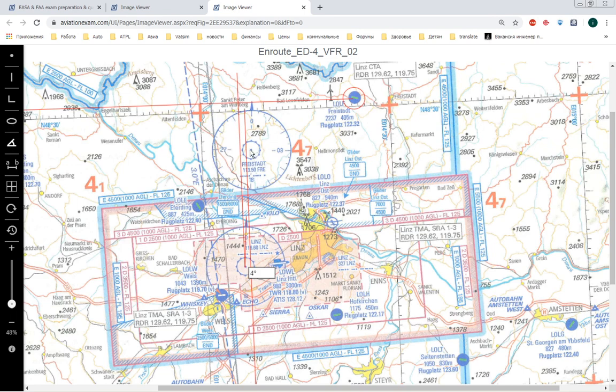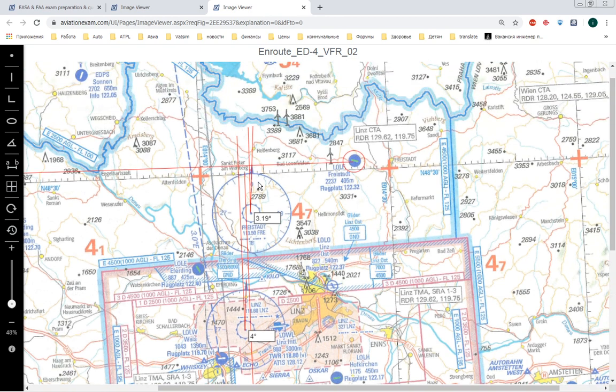Okay, let's do the same on the other viewer, Foxtrot Romeo Echo viewer. Plus or minus 1 degree. Okay, here it is, 3 degrees eastern. You see the difference?